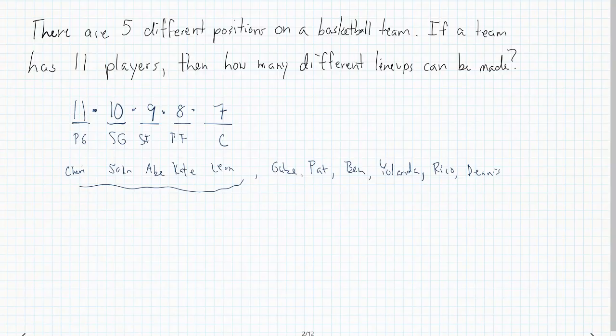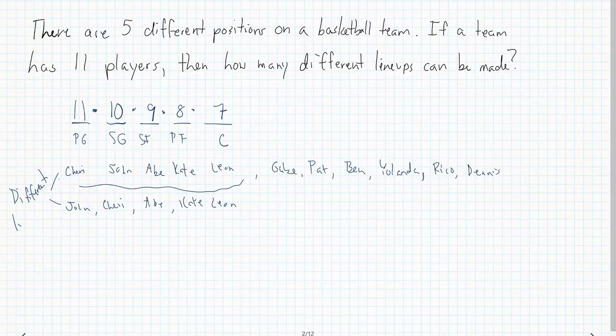Now notice that would be a different lineup. Say we still had those remaining people on the bench, but say we just changed John and Sherry. This is a different lineup.